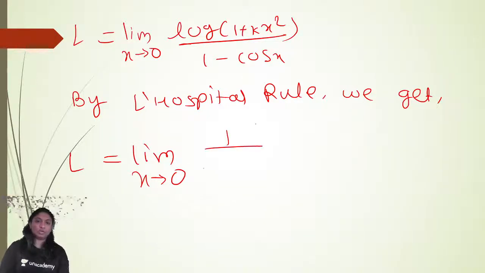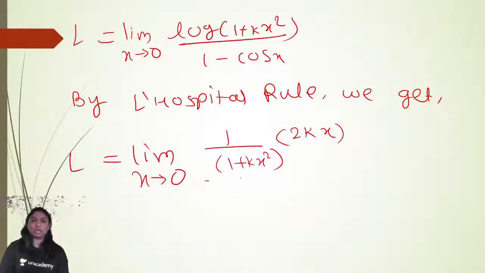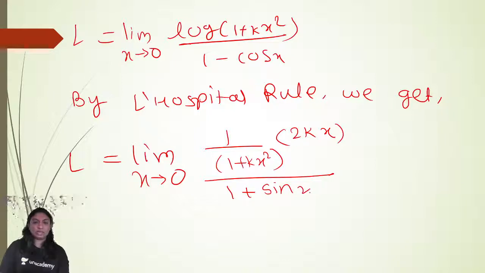So the derivative of log is 1 upon 1 plus kx square into the derivative of 1 plus kx square, that is 2kx, upon 1 minus cos x. The derivative of minus cos x is minus minus sin x, so this minus sign becomes plus, and we get sin x. So you will get here 1 upon 1 plus kx square into 2kx upon sin x.